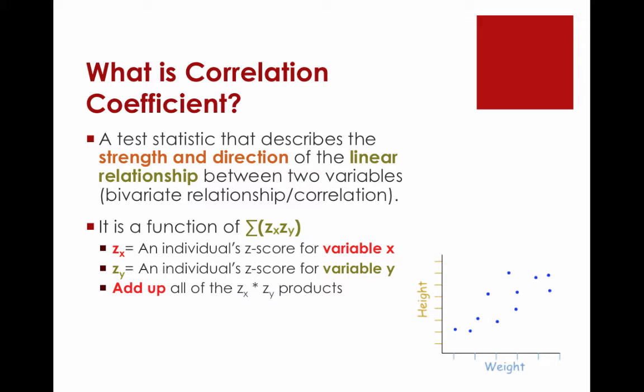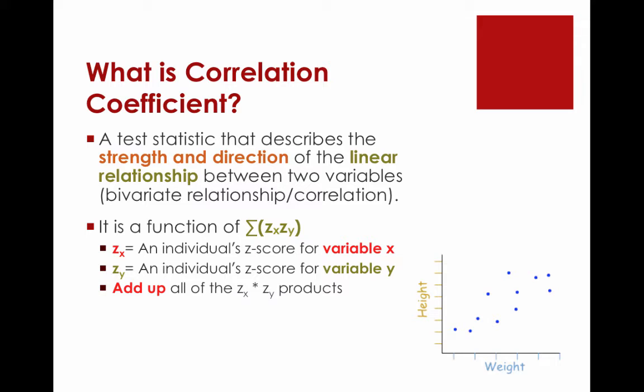It's a test statistic, so it's going to be a number that describes two different things. It describes the strength of a relationship and the direction of a relationship. And this relationship is between two variables, not two individuals, not two cases, two different variables.